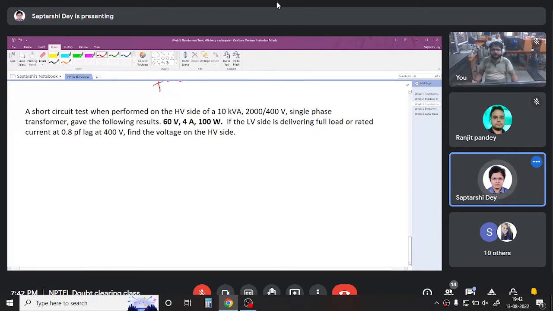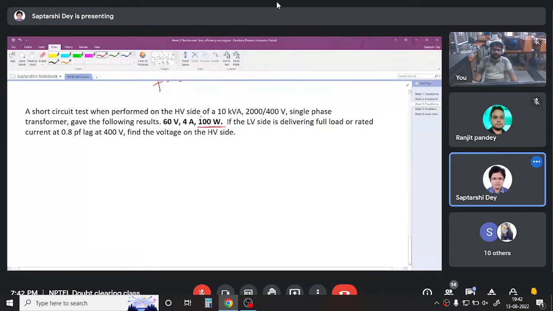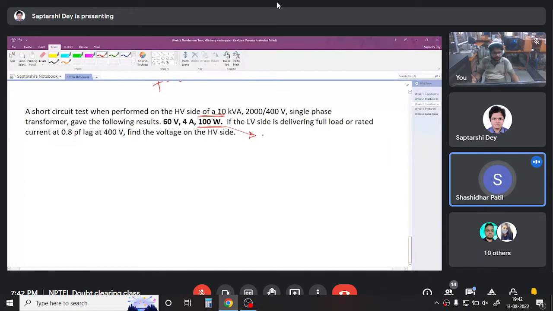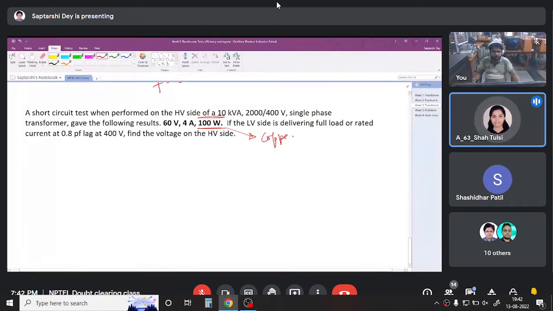So tell me first, short circuit test and the power is 100 watt. What does this 100 watt signify? That belongs to copper loss. What copper loss? It is the wattmeter reading.